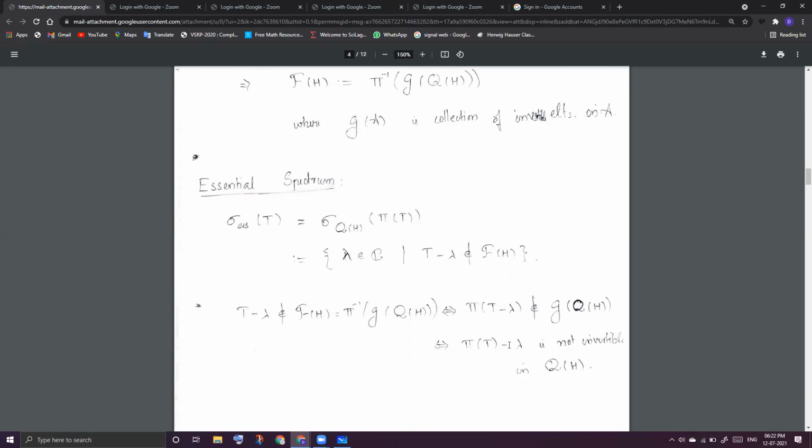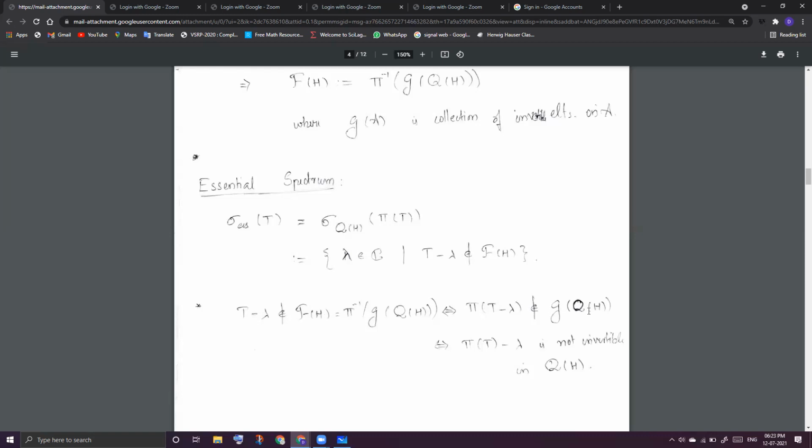So what we are saying is T minus lambda does not belong to F(H). F(H) is pi inverse of G(Q(H)). If and only if pi of T minus lambda does not belong to G(Q(H)).